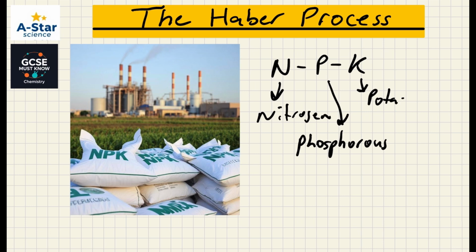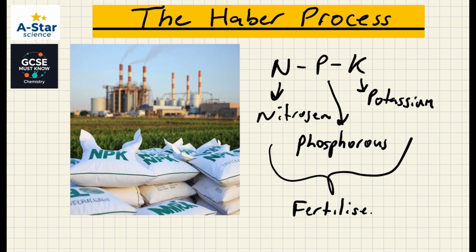And this is another unit that you actually have to learn about for your GCSE. But these particular chemical elements make up many of the world's fertilizers. They're very, very important for the health and growth of agricultural products.